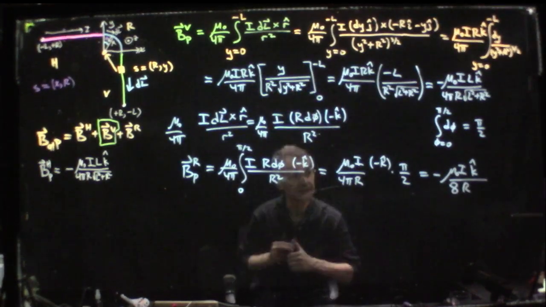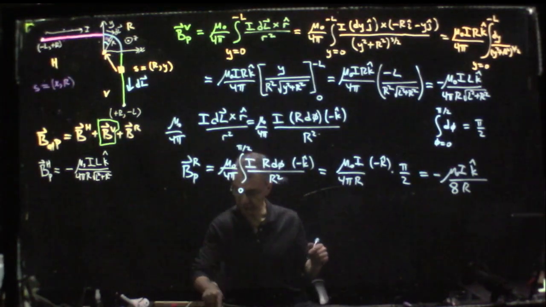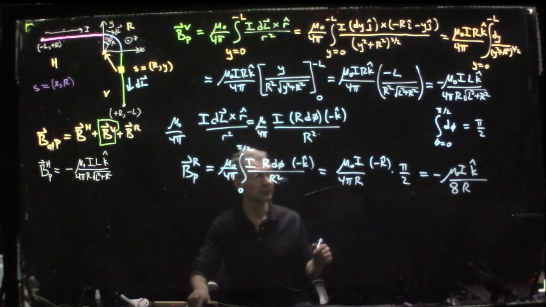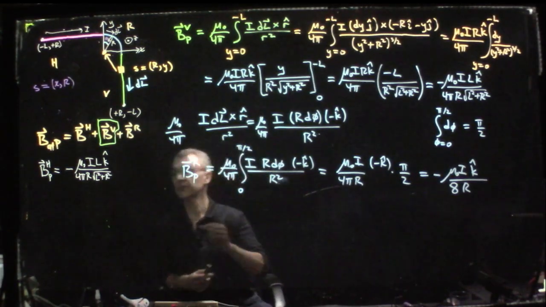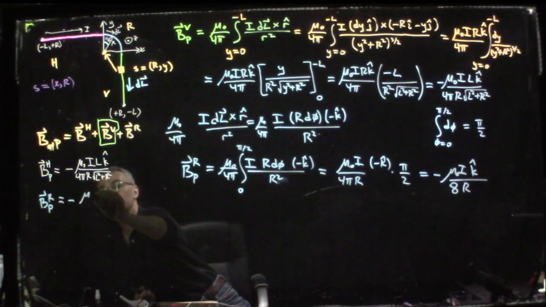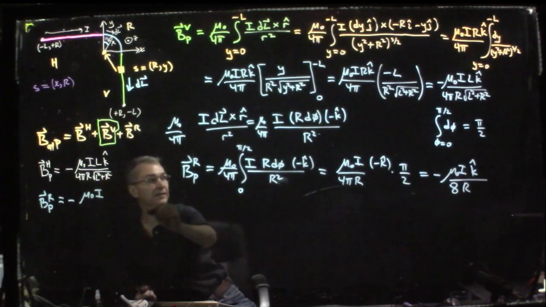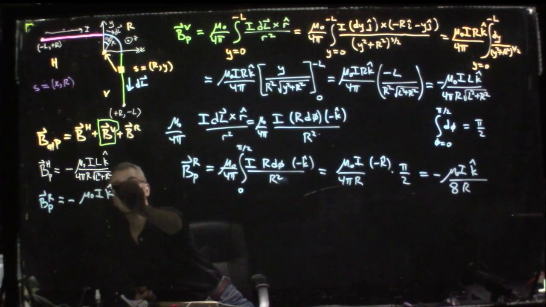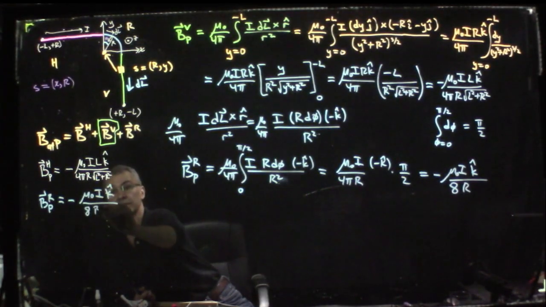Okay, and is that what I got before? Mu naught I k hat over 8r with a minus sign. Yeah. So at P, the radial component is minus mu naught I k hat over 8r.